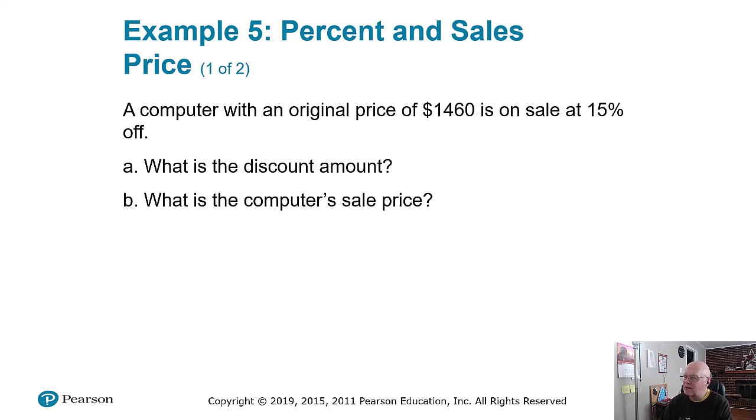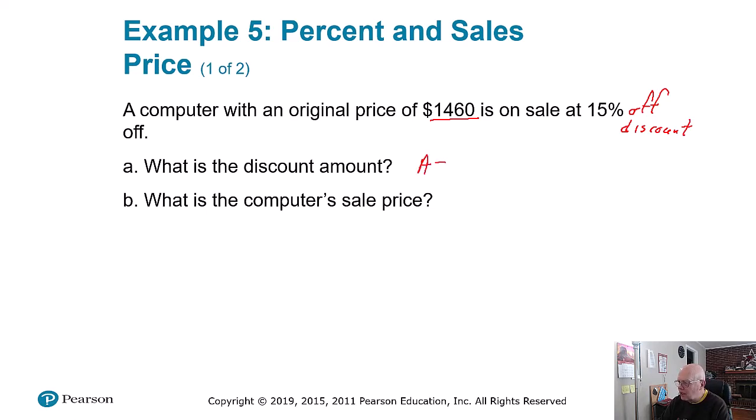So a quick example. We've got a computer that we want to buy for $14.60. Nice computer. And it's on sale at 15% off. Put the off up here. Another way of saying it's being discounted. So what's the discount amount?